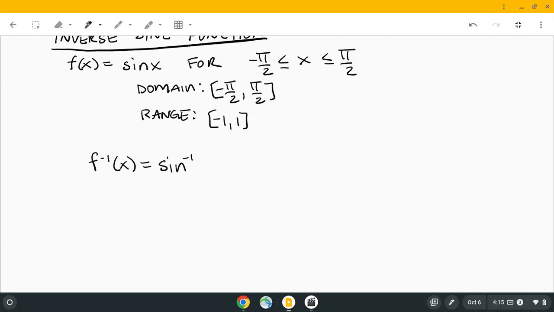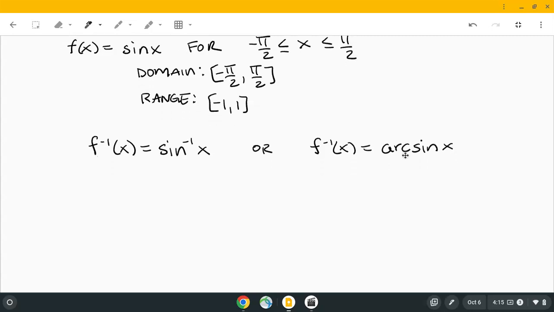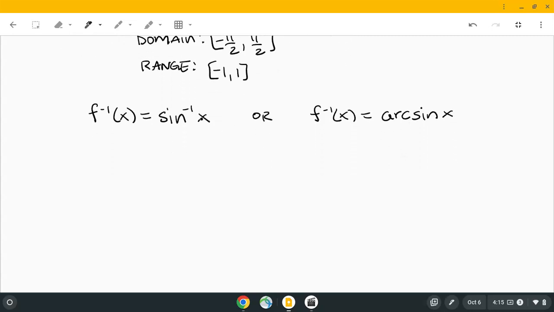We can do sine inverse x, or we use this one over here, arcsin. You will see your book use both of these, so just make sure you're familiar with both of these notations, and make sure on your calculator you can find one of these.